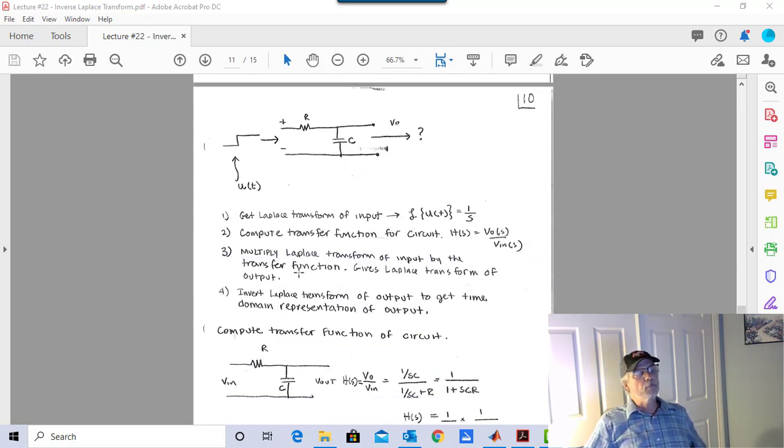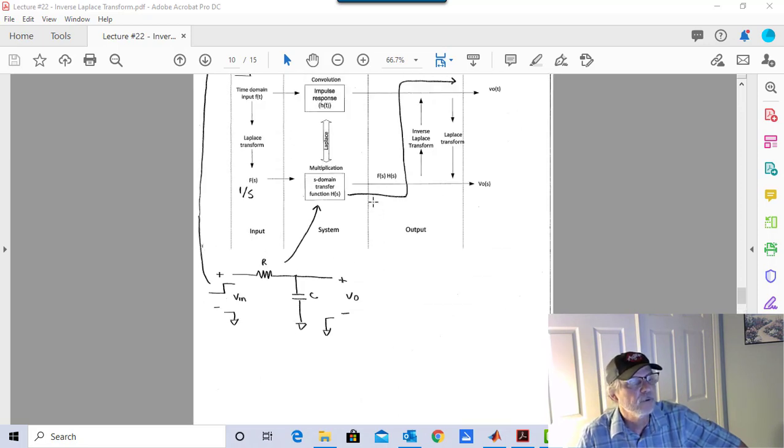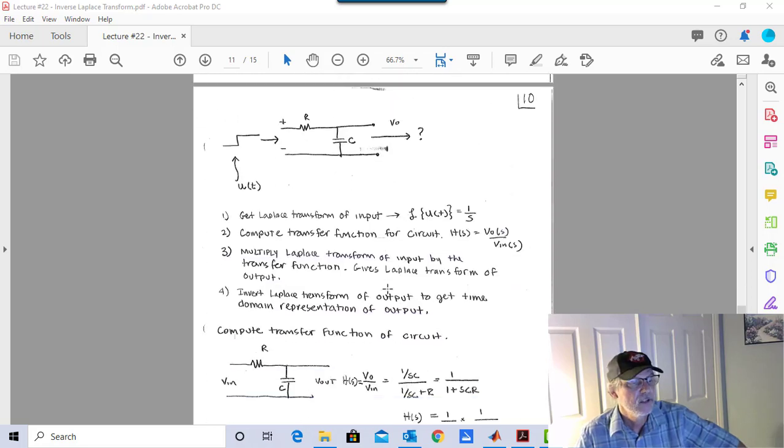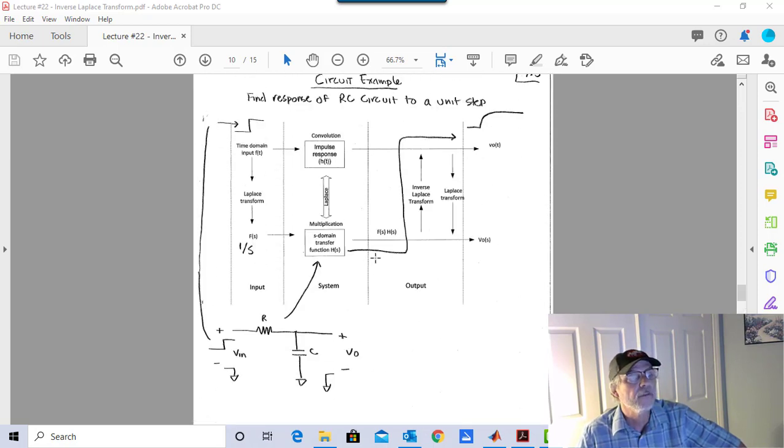We are going to multiply the Laplace transform of the input by the transfer function. That's going to give us the Laplace transform of the output. That's going to put us right here. Then we're going to invert the Laplace transform of the output to get the time domain representation of the output. Or in other words, we're going to go like that.